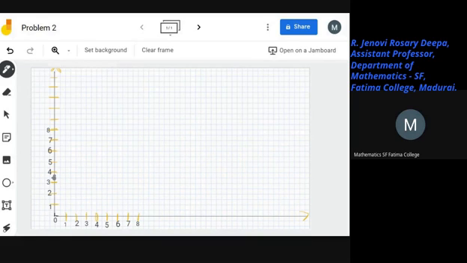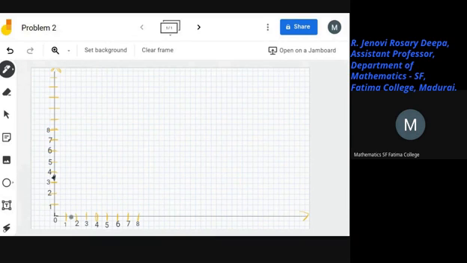Then the next point we have to mark, as we are going to join the first straight line, is 1, comma 11 by 3. Now 11 by 3 is again near to this one, 3.3 something.